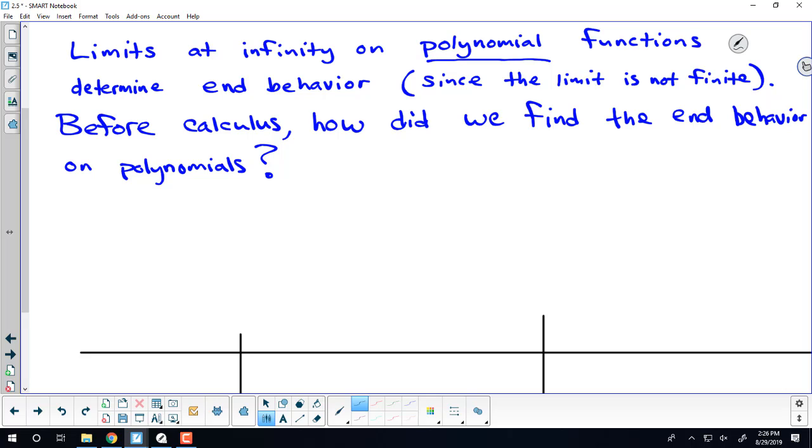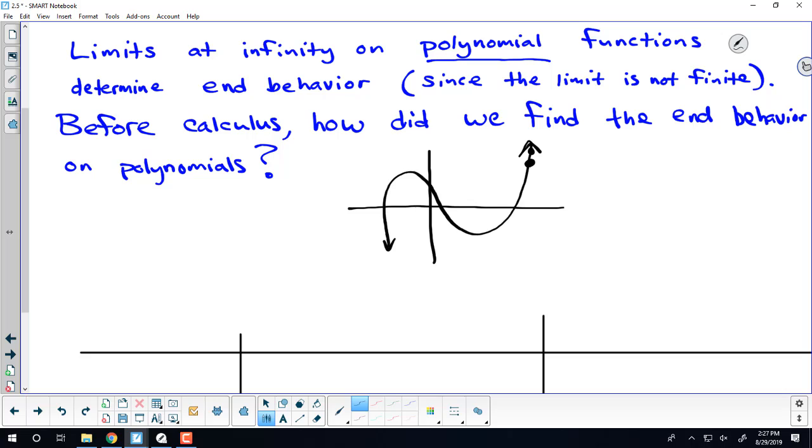So, like if we had this polynomial and we said, well, maybe it's doing this. How would we determine the end behavior if we were given that polynomial? And we don't know the graph, but maybe we just pick this x value and this x value and see what the y values are doing, right? Is that just finding the slope, getting 2 points?